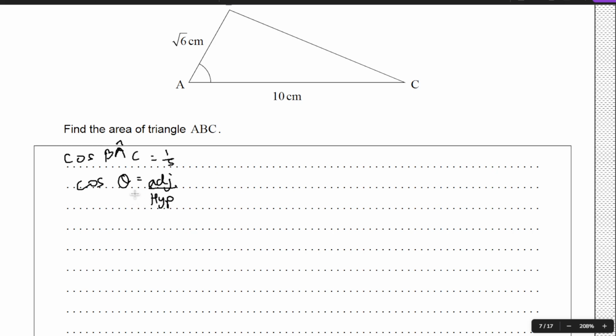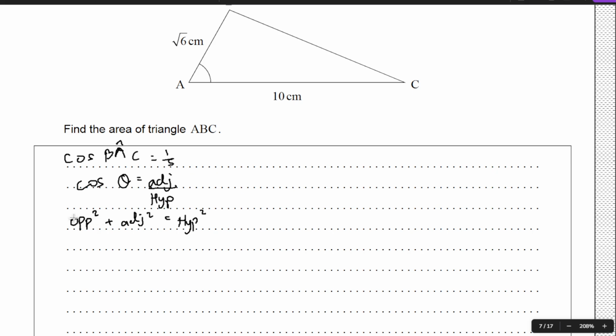And here we need to remember our Pythagoras theorem, a squared plus b squared equals c squared. And for your understanding, I'll just do opposite squared plus adjacent squared equals hypotenuse squared.